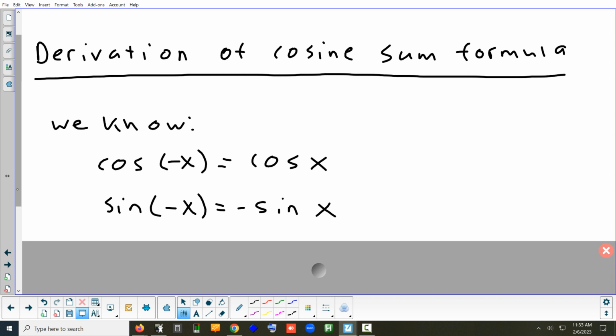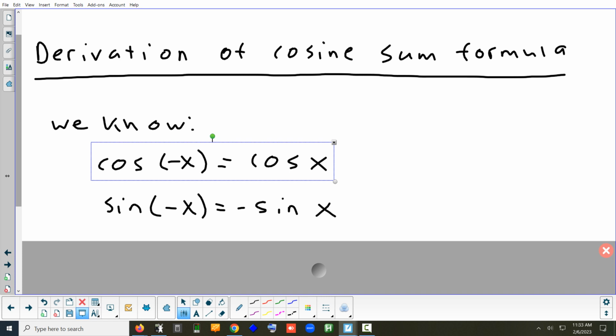The first one basically means that cosine is symmetrical over the y-axis. If you graph cosine and mirror image it over the y-axis, it's exactly the same, because reflecting it horizontally makes no difference. So arithmetic-wise, the idea here is if you have a negative in front of your argument and it's a cosine, you can just get rid of the negative.